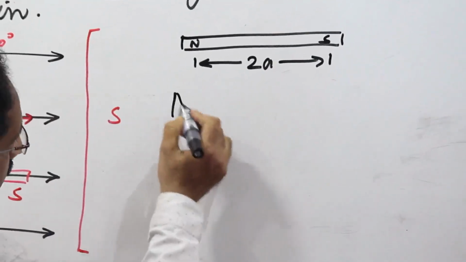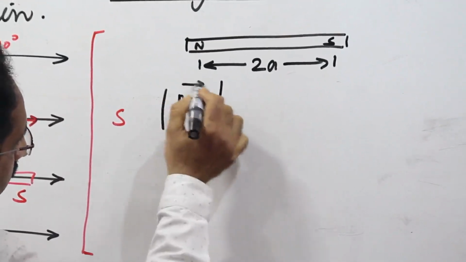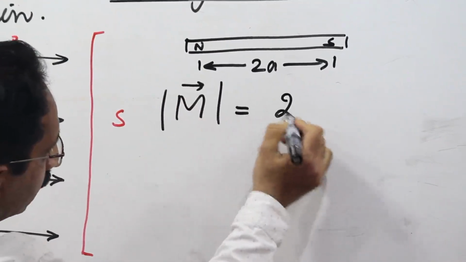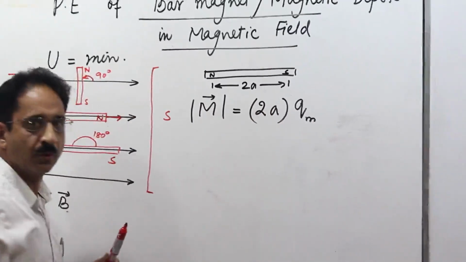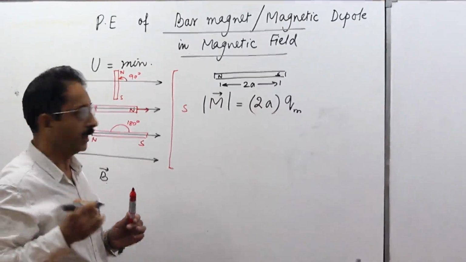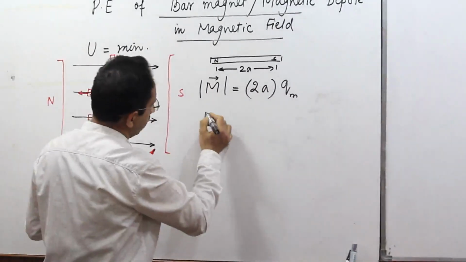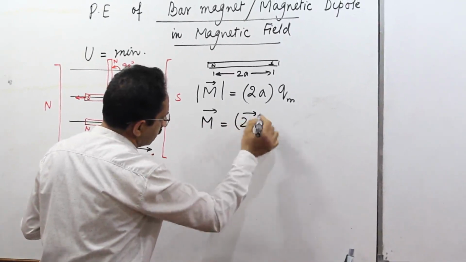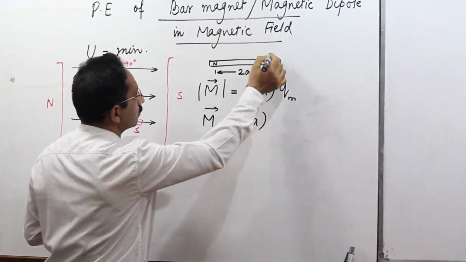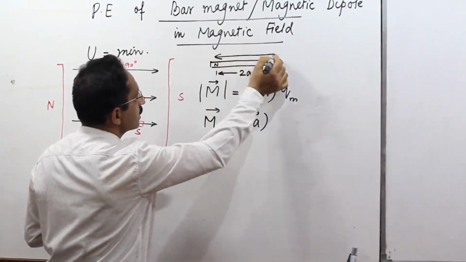So we define a vector magnetic dipole moment given by 2a multiplied by strength of one of the poles, which we assume qm. And if you want to give it a direction, then this 2a is a vector directed from south to north. So this is directed from south to north.